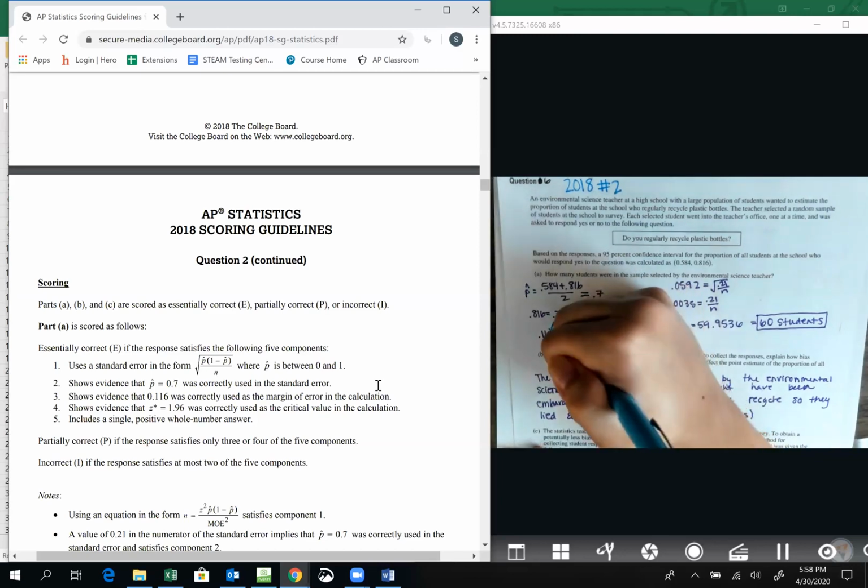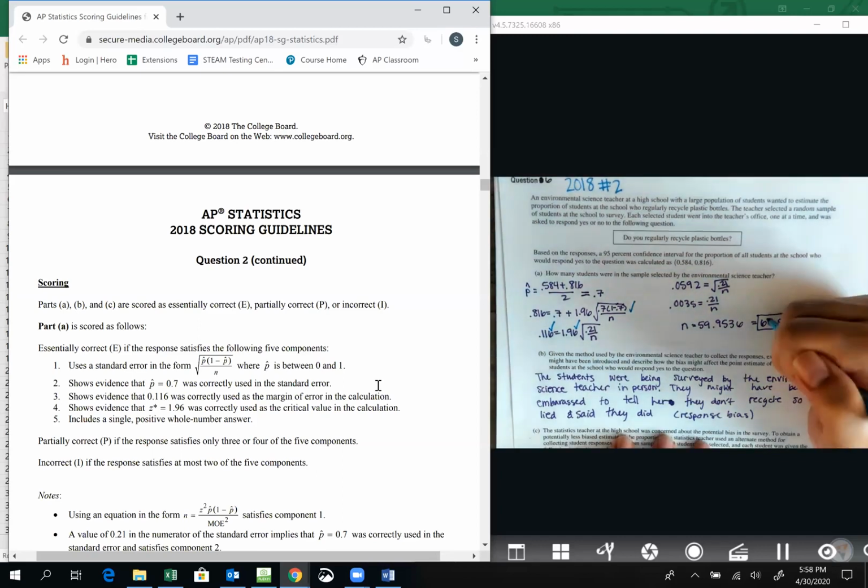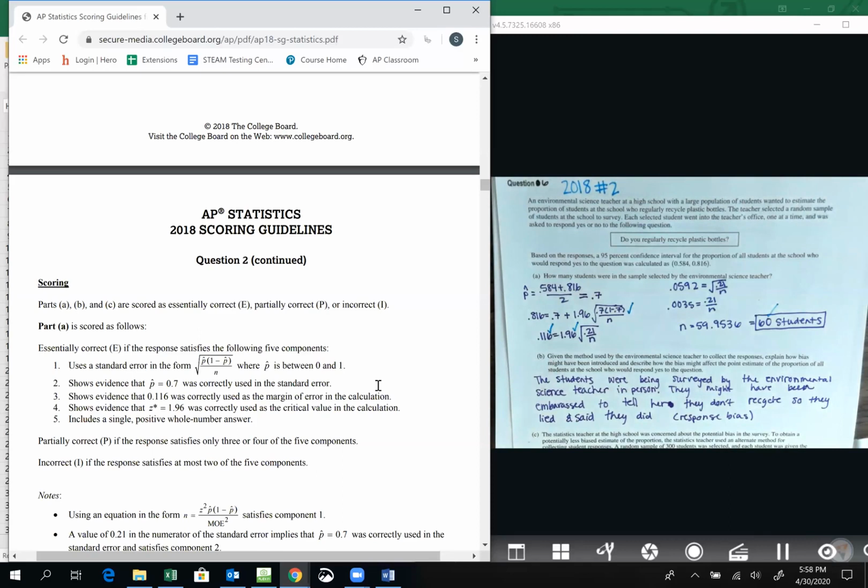Shows evidence that 1.96 was calculated, shows evidence that 1.96 was correctly used as the critical value in the calculation, includes a single positive whole number answer. So you didn't actually have to have all the arithmetic correct. Those 4 things.